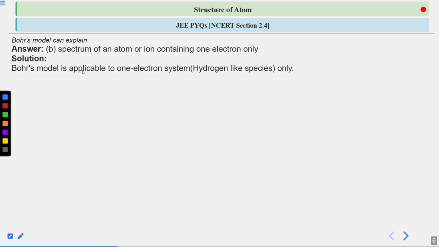So basically, it was seen that if we consider a one electron system like hydrogen, or you take a helium plus atom, or a lithium 2 plus atom, there we have only one electron present in the whole atom. Instead of that, if you take another atom which has more than one electron, that is called a multi-electron species.